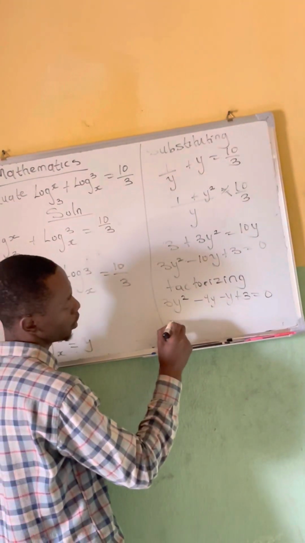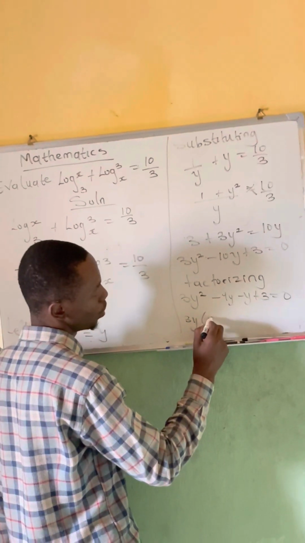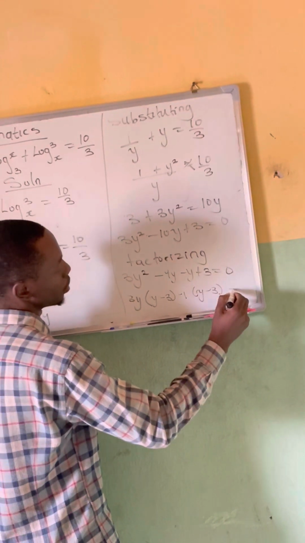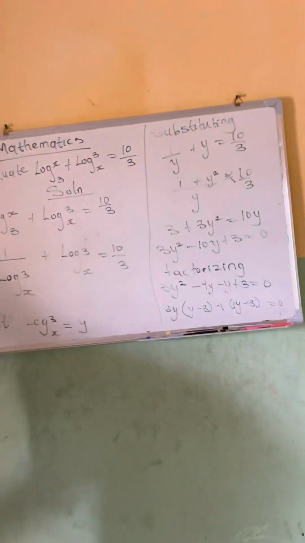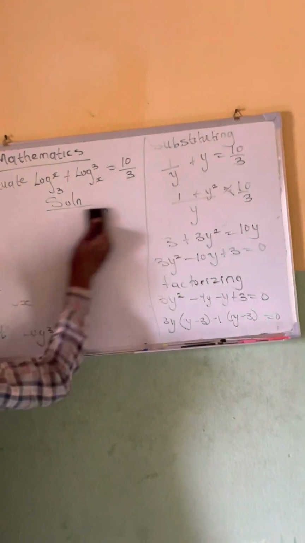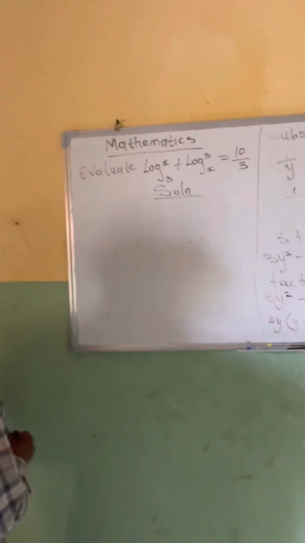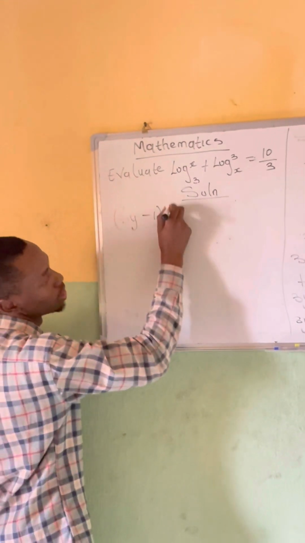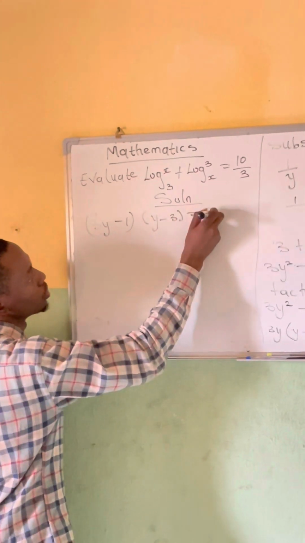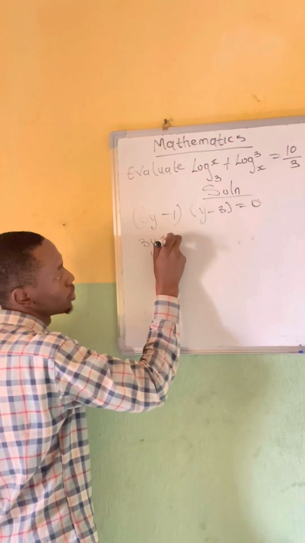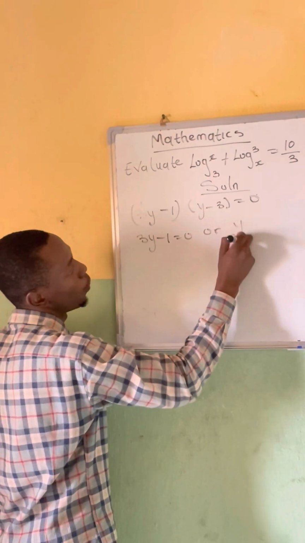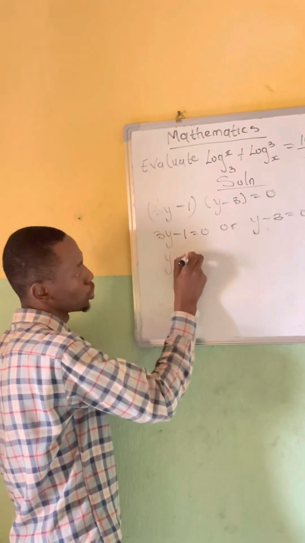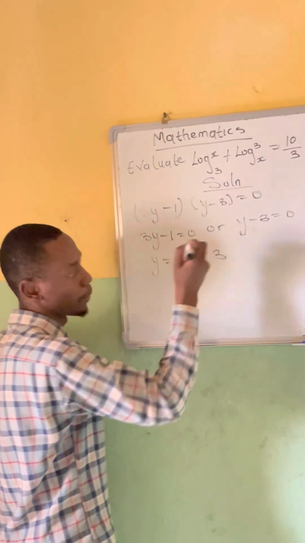So I now have 3y into y minus 3 minus 1 into y minus 3 is equals to 0. So I have 3y minus 1, y minus 3 is equals to 0. Hence, 3y minus 1 is equals to 0, or y minus 3 is equals to 0. So my y is equals to 1 over 3 or 3.